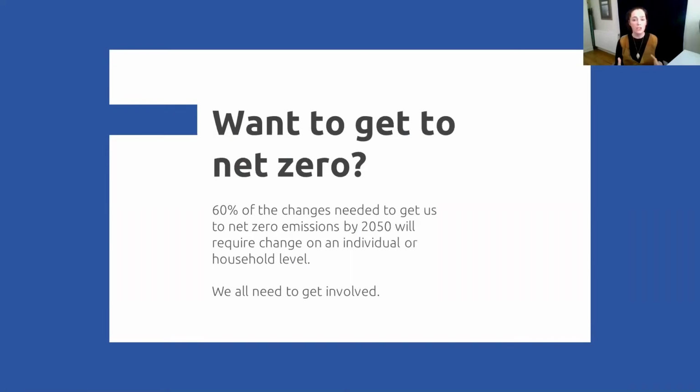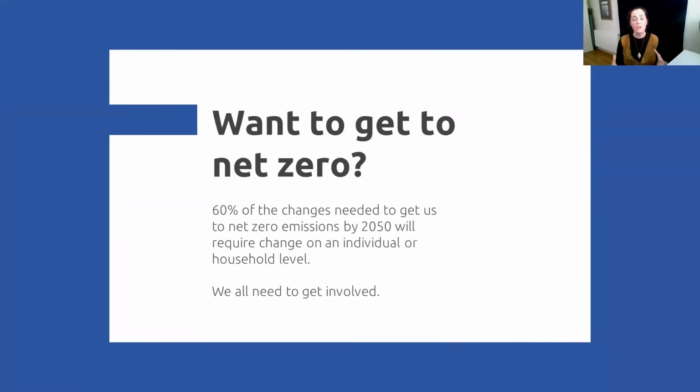So the Committee on Climate Change, who recommended this goal to the UK government, they estimate that 60% of the changes needed to get us to net zero emissions by 2050 will require change on an individual or a household level. So it's something that we all need to get involved in.